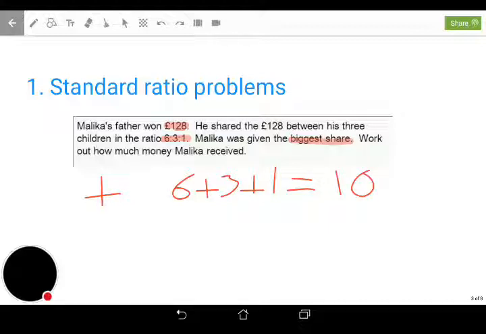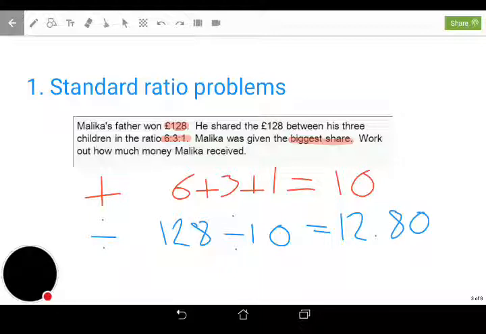I do this because there are 10 parts of the ratio in total, so I need to split the money into 10. To split it into 10, I next need to divide. So I add, then I divide. I get my amount of money, the 128, and divide it by 10, which gives me £12.80.